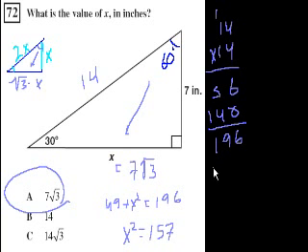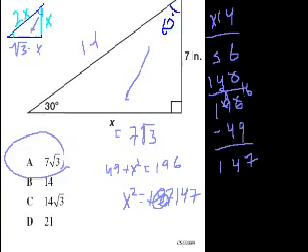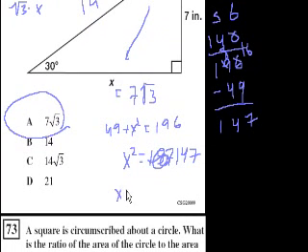And then if you were to subtract 49 from that, this is an 8, this is a 16, we have a 7. Sorry, 147. It's a good thing I checked that. 147. All right. So x is equal to the square root of 147.